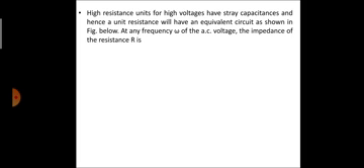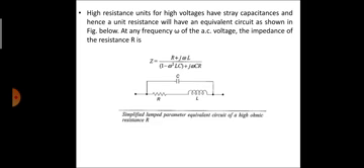The high resistance units for high voltages have stray capacitances, and hence a unit resistance will have an equivalent circuit.